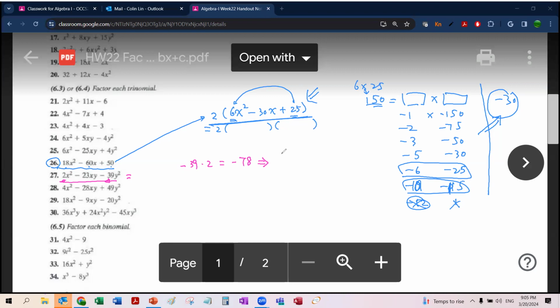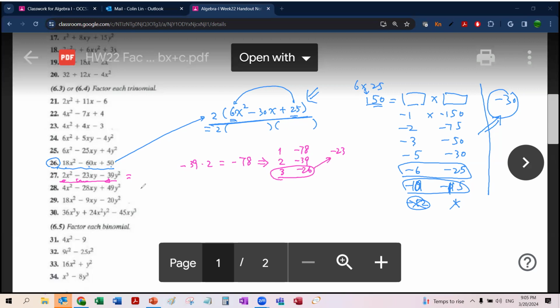Both should be one positive, one negative. Because here is negative 23, we need to find a sum of them that is negative 23. 2, negative 39. 3, hey, we find something. Negative 26, right? We find this match.